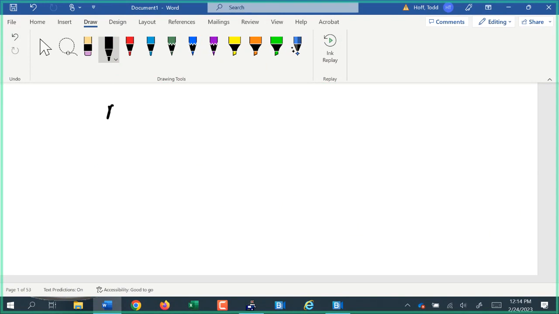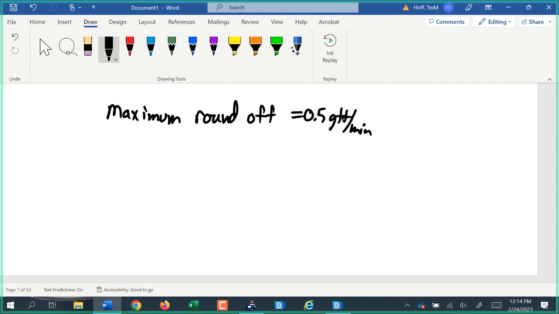So the maximum round off would be if we had exactly 3.5 drops per minute or 6.5 drops per minute. The maximum round off would be 0.5 drops per minute, or half a drop per minute.